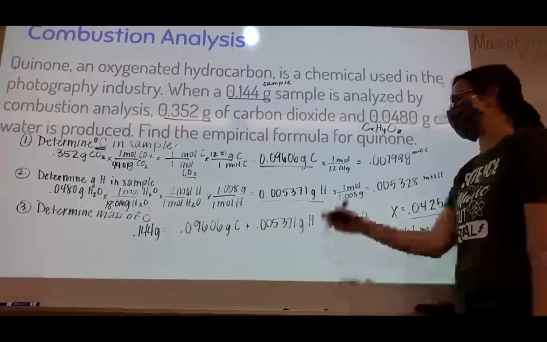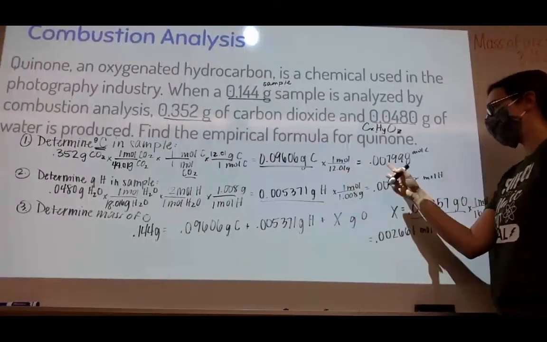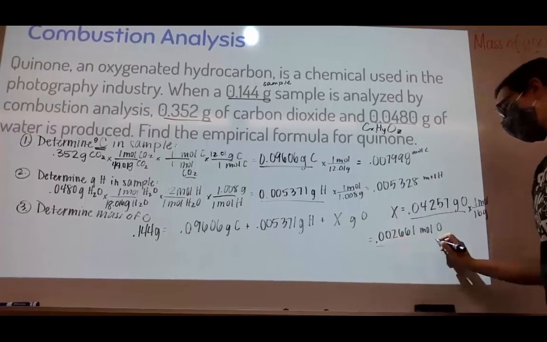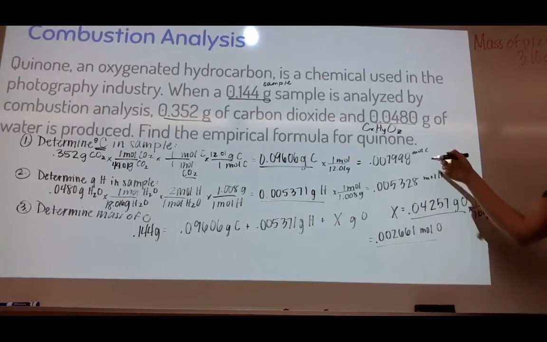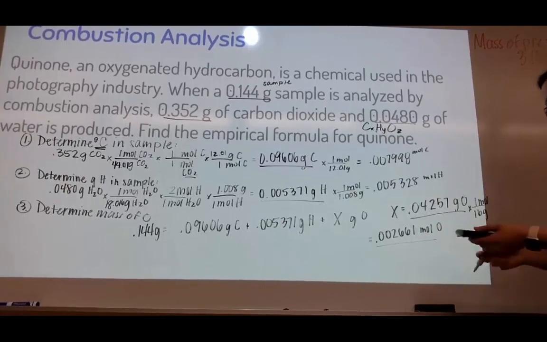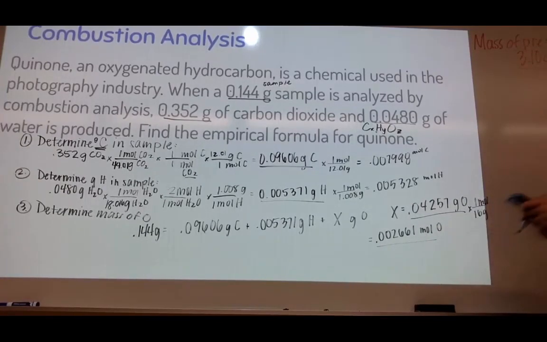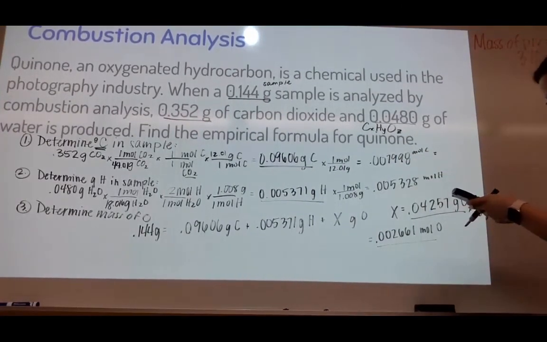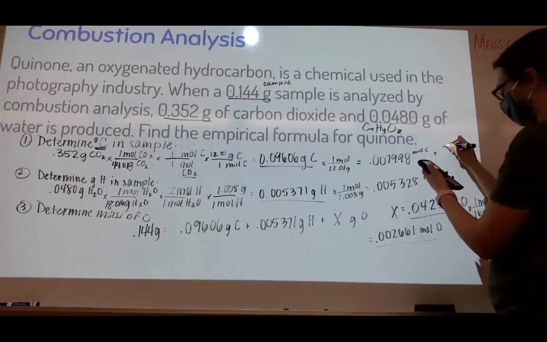So empirical formulas, percent to grams. We don't have to worry about that. Grams to moles, divide by the smallest. So this is the smallest number. So divide each one of these numbers by this 0.002661. Right, so if I divide, this is 3.